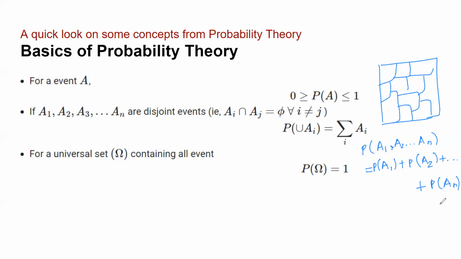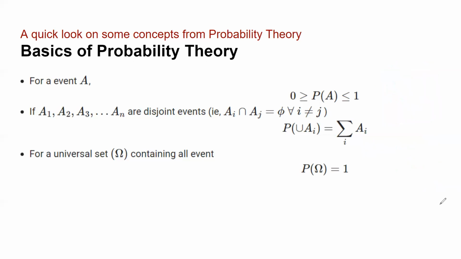Oh, it is 1 because you will get one of them. Yes, that's why. So the probability of the universal set, or the probability of the sample space, is always 1. The sample space means all the possible outcomes your experiment can have. Is this 3rd point clear to you?